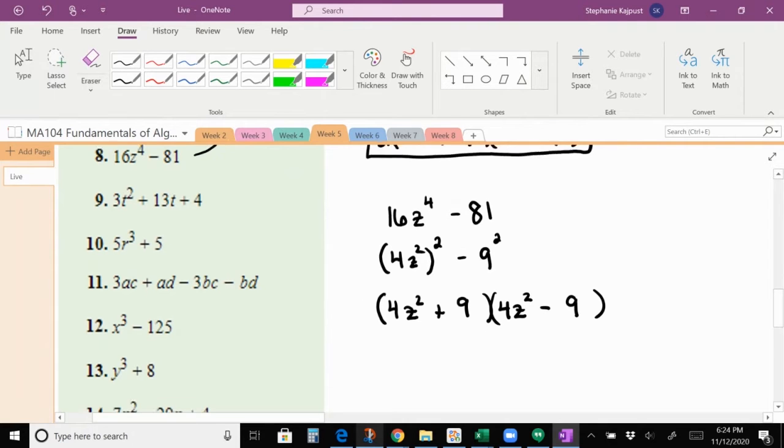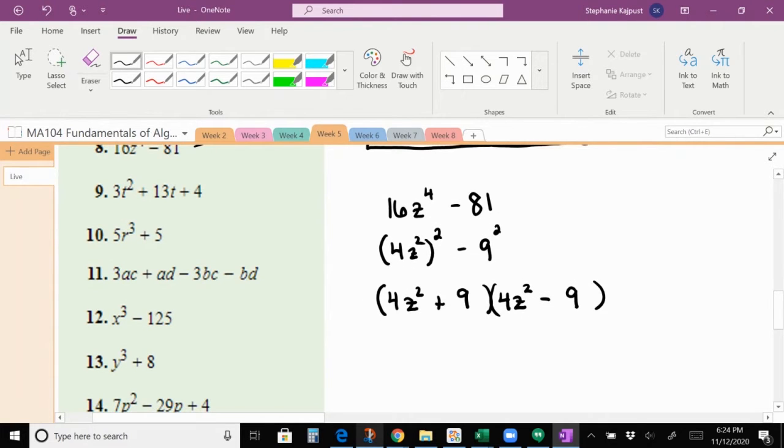Actually, I just noticed, this is another difference of two squares. We can go one more right there. So sometimes you have to be careful and think, wait a minute, there's more. This first part, if there's a plus in there, it doesn't work. There's no rule, we can't factor that.